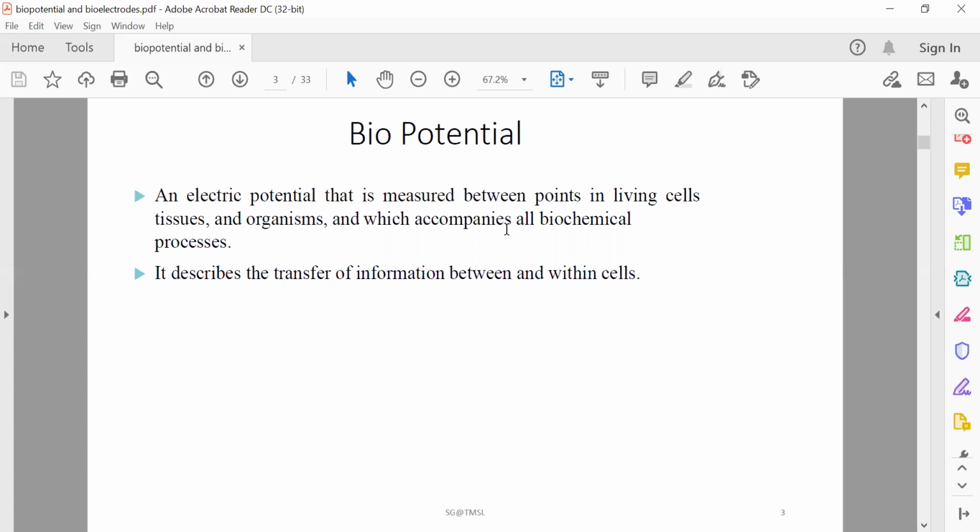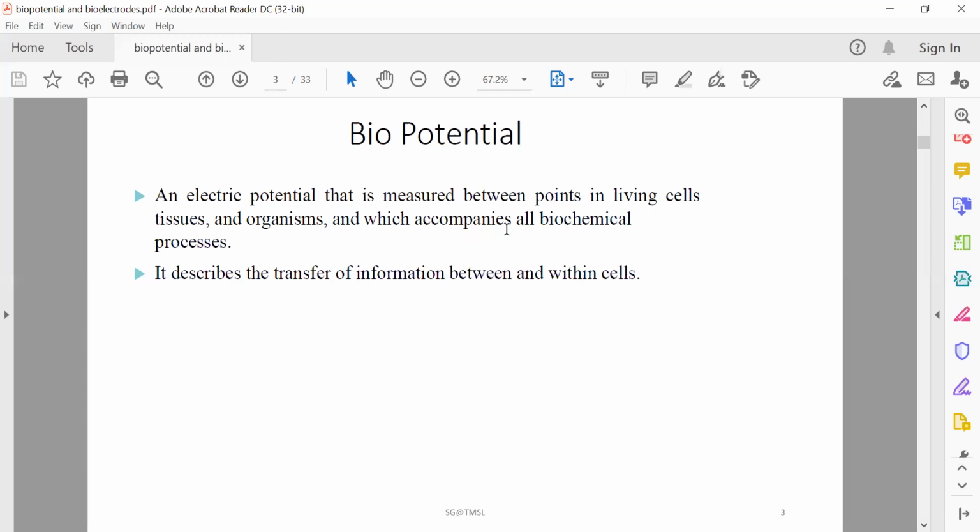In this context, transducers are used to convert this ionic potential into electric voltages. These signals can be measured and interpreted in a meaningful way to aid the physician in diagnosis and treatment of various diseases.